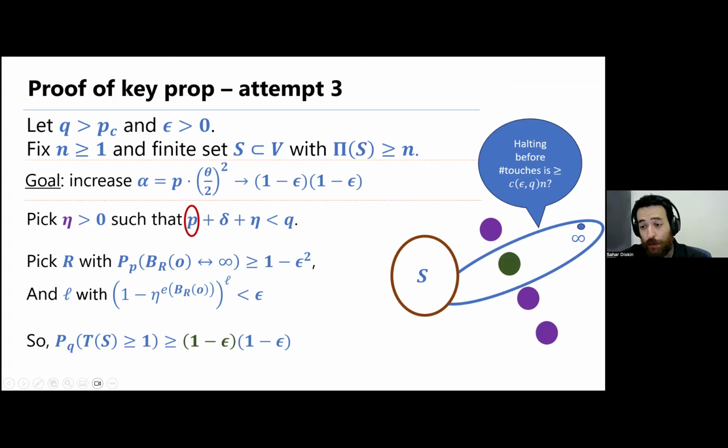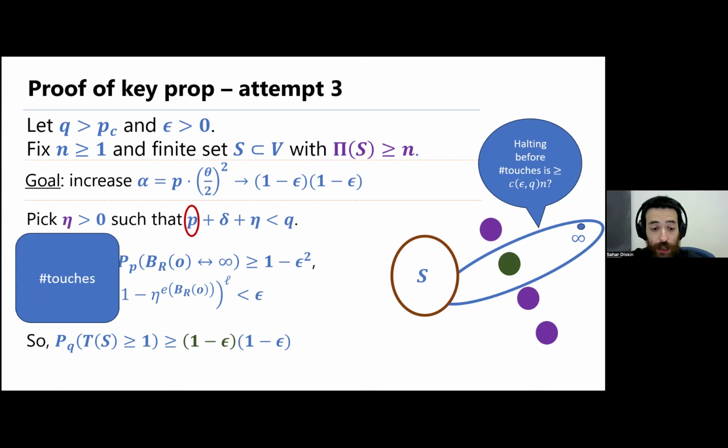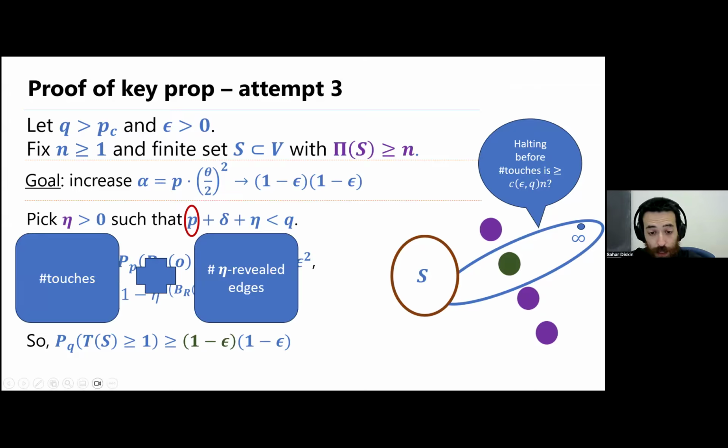Some of them are now waste, some of them are successful, and if they are successful, they also manage to give me a new edge. What does it cost me to actually see that I can no longer continue this thing? So I claim the following holds. I claim that the number of touches that I was able to get, plus the number of eta revealed edges, has to be bigger than n.